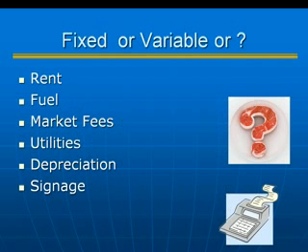So the fixed costs remain the same regardless of sales levels. Some advertising: if you've put an ad in the Yellow Pages and you have to contract that for a year ahead, regardless of whether you have a crop failure or not, you have to continue to pay for that Yellow Pages advertising. Your rent on the property, if you've signed a lease, particularly long-term, you're going to be paying that whether or not you put in a crop.